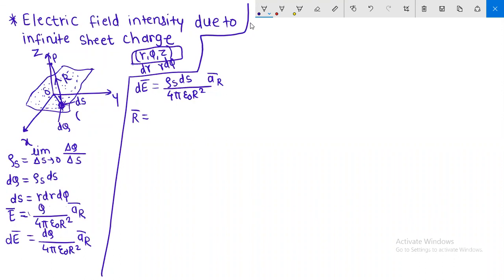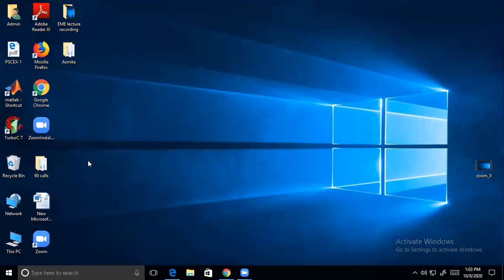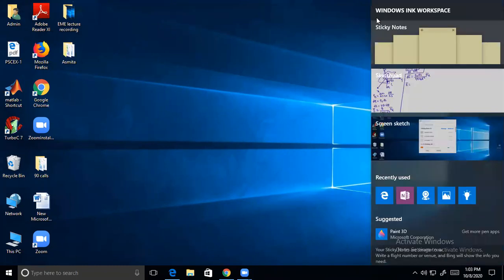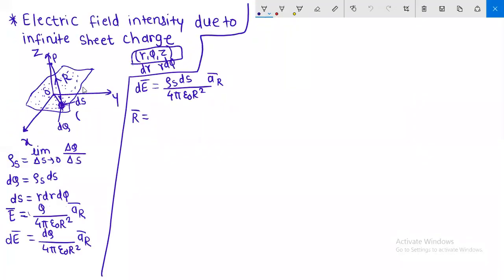Is r present? R is present or not? First tell me, at point ds.